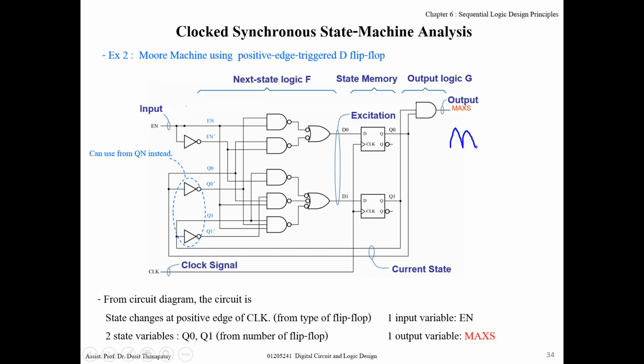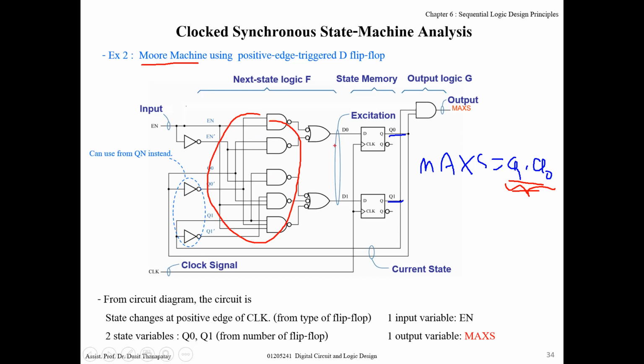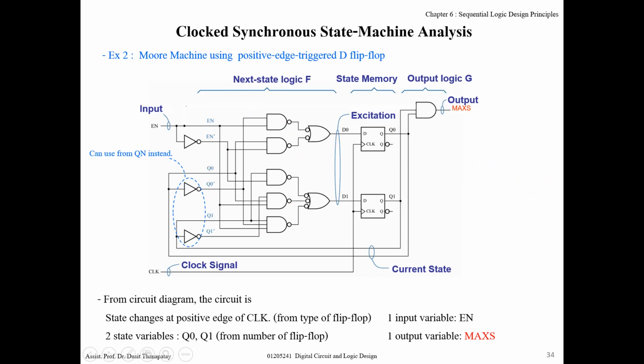And this output max is what? Q1 and Q0. And you see that the output is a function of only state, right? Only state variables. So this circuit is a Moore type state machine. It just checks only the output equation. And for this circuit F is still the same, that means the transition equation is the same.